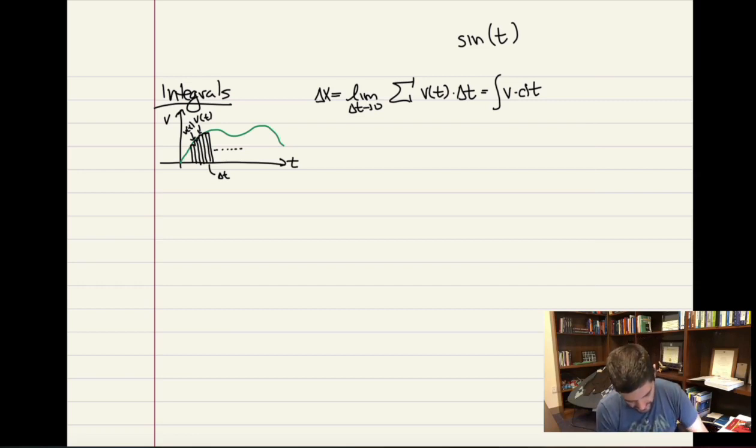I like to think of the integral the same way. You never just have the integral. You can think of it as having a left parenthesis and a right parenthesis. It's the integral of whatever is inside there. So what we have written right here says it's the integral of what's inside, which is v, the velocity.